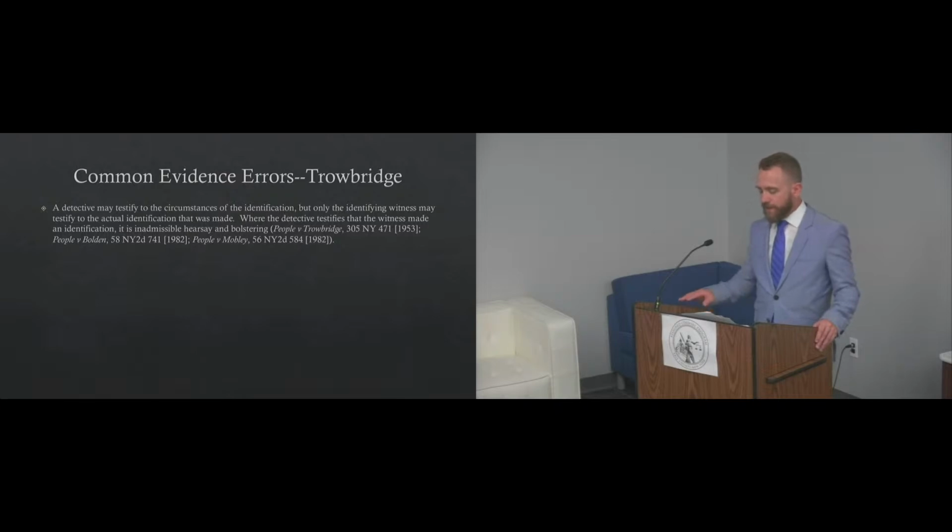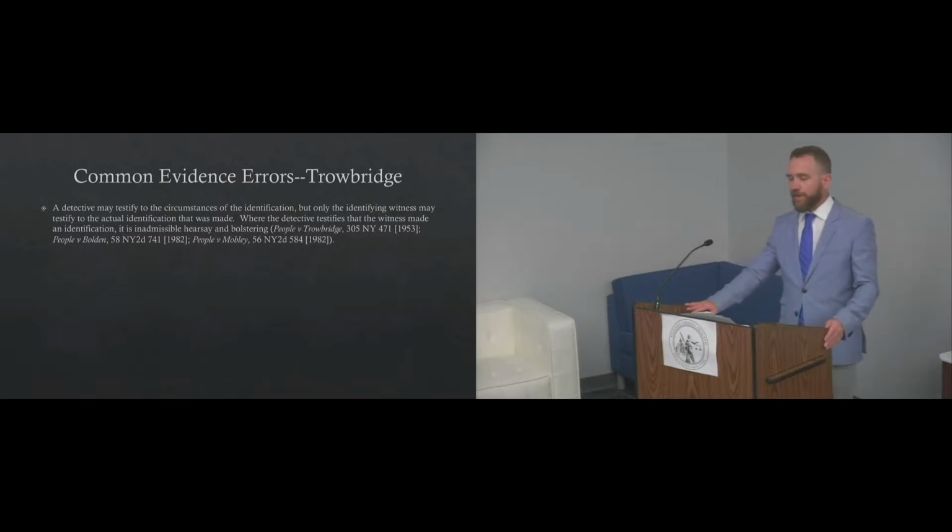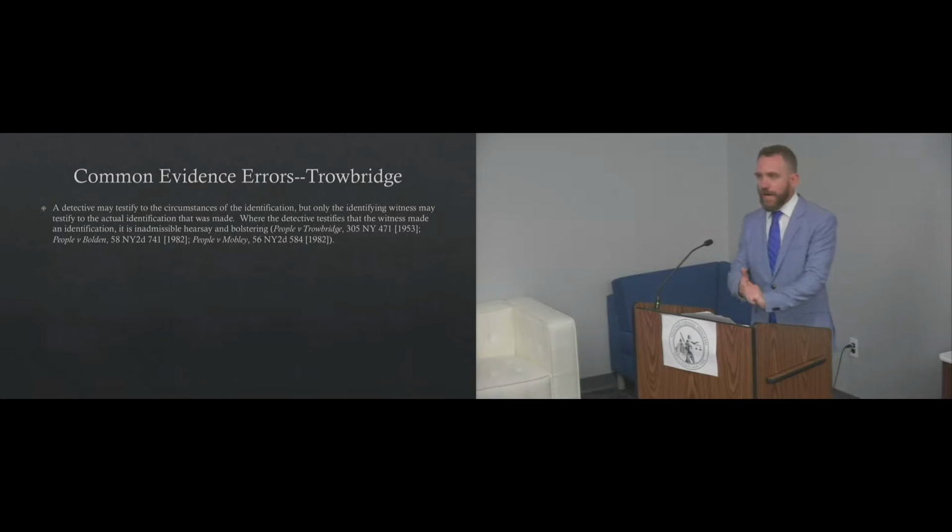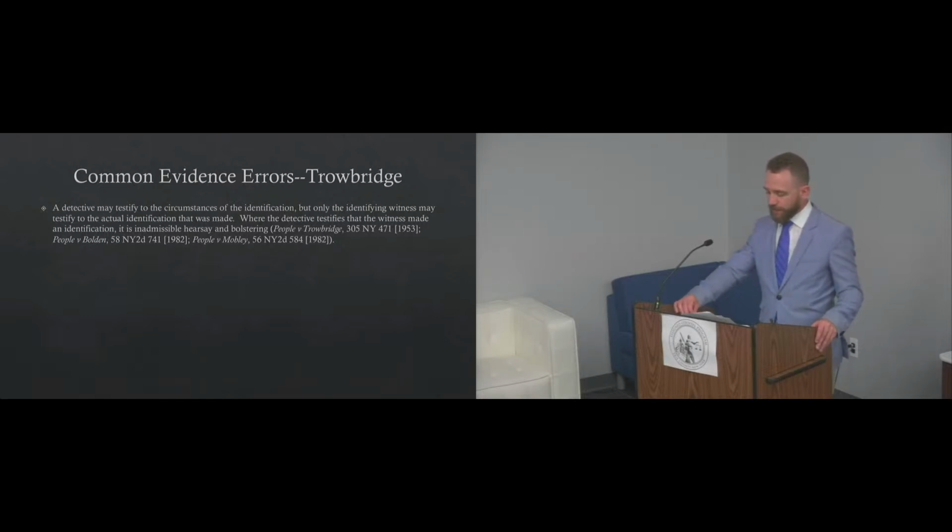It's a very serious error. And again, this was successful in the past year on an attempted murder case in getting an indictment dismissed. So that's something to always look for when they're using photo array evidence in the grand jury. Only the person who made the selection can testify as to who they selected, not the detective.